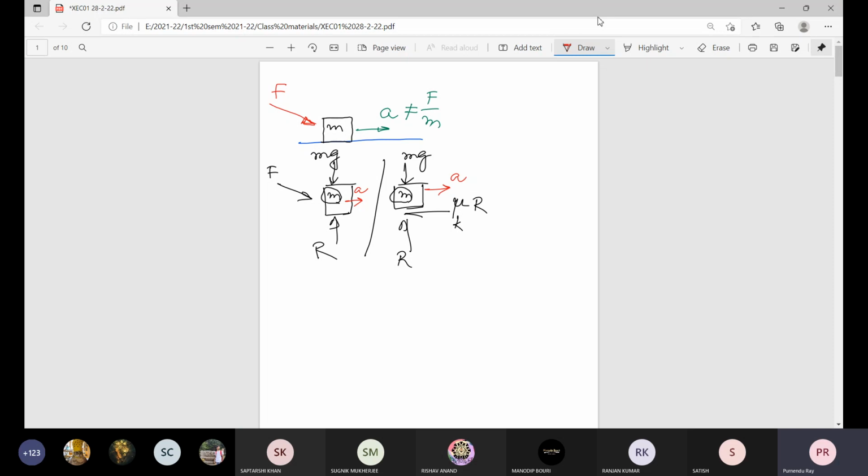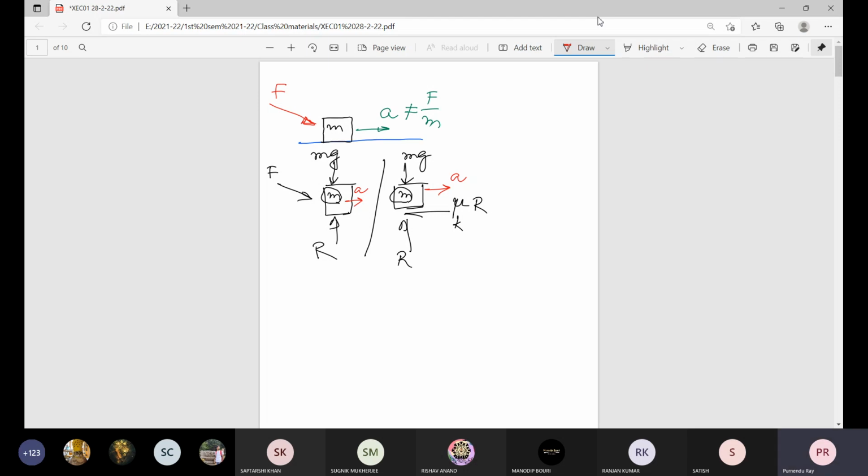It is resting on a smooth table, there is no friction resistance, or it is resting on a rough table having kinetic coefficient of friction mu k. In that way, there may be other constants. So we need to include all such forces.